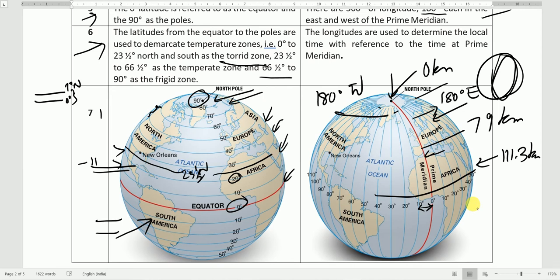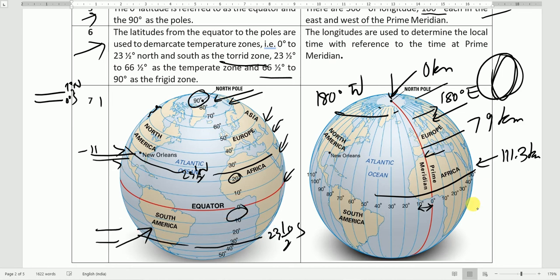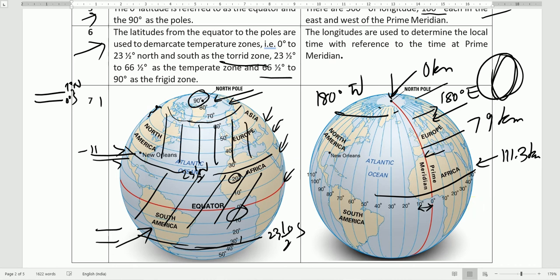In the southern hemisphere we have the Tropic of Capricorn. The area between the Tropic of Cancer and the Tropic of Capricorn is known as the torrid zone. Here we have 66 and a half degrees, known as the Arctic Circle, and here the Antarctic Circle. This area is the temperate zone, and the area within the Arctic Circle is the frigid zone.